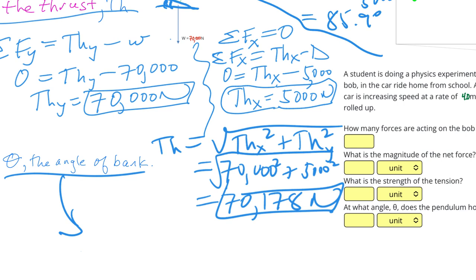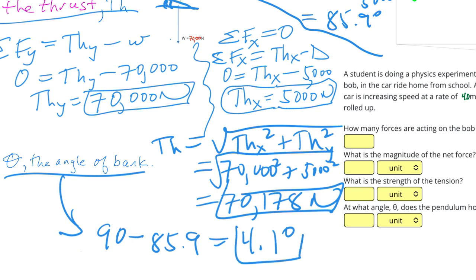So, 90 minus 85.9 is equal to what? 4.1 degrees, right? Yeah, so that's the bank angle.